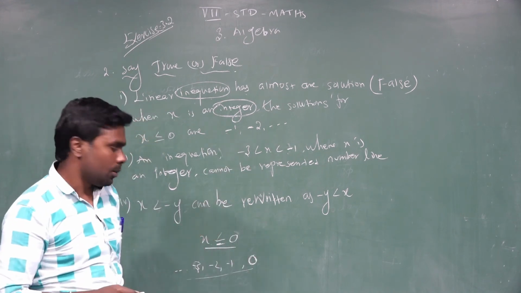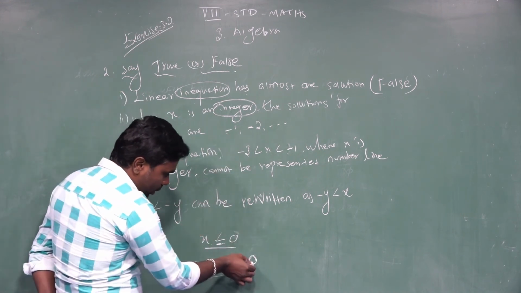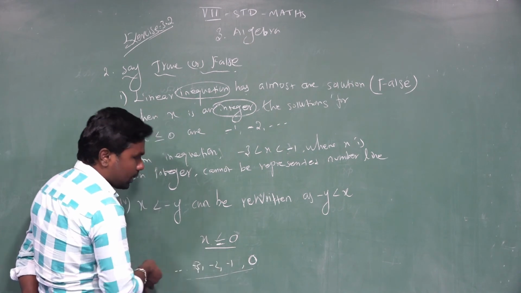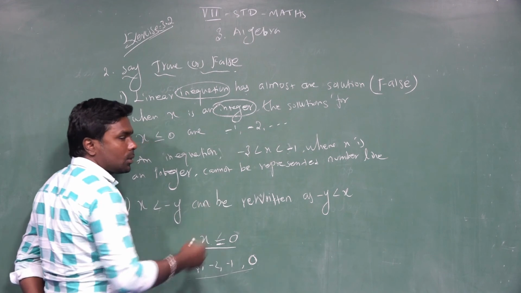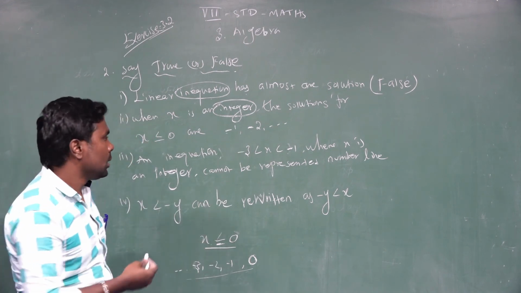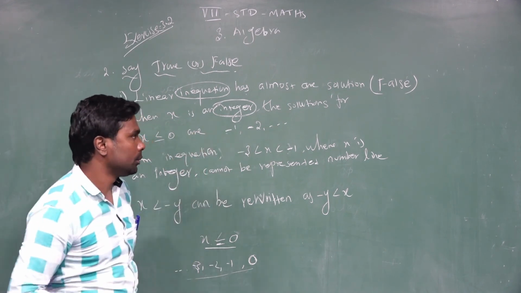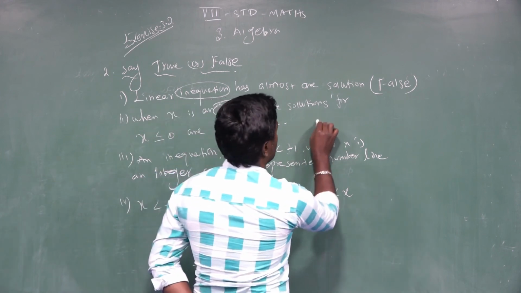So which is false. Here the numbers start with only minus 1, minus 2 and so on. Here there is no 0, so it is also false.